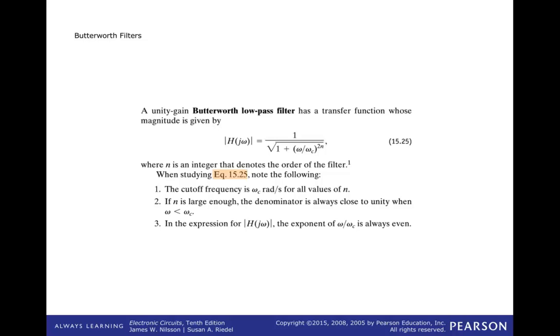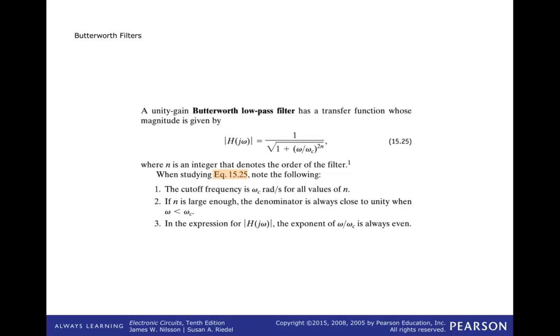And the more filters you cascade together, the more dramatic this effect becomes, as well as the fact that the shape of the knee of the curve from the low passband region to the transition cutoff region is a little bit too gradual sometimes for what we would ideally like to have.